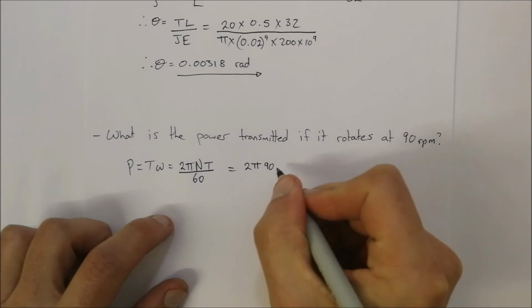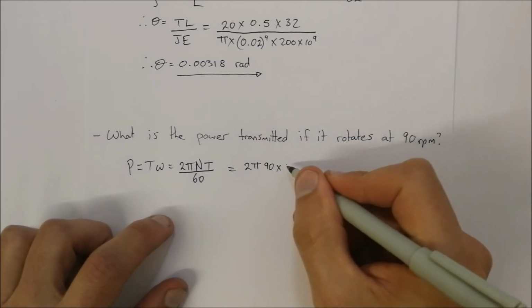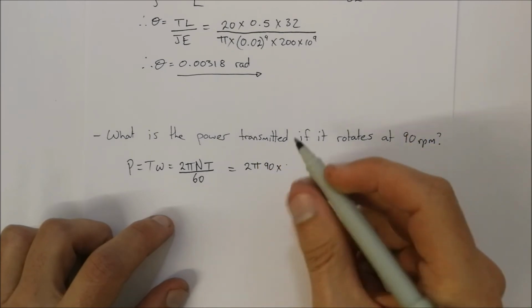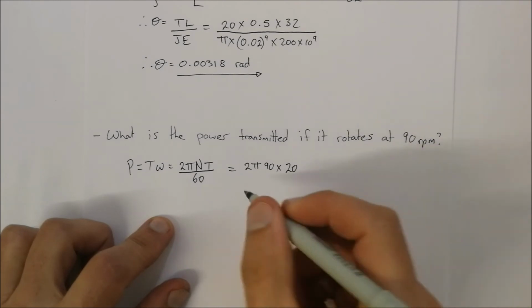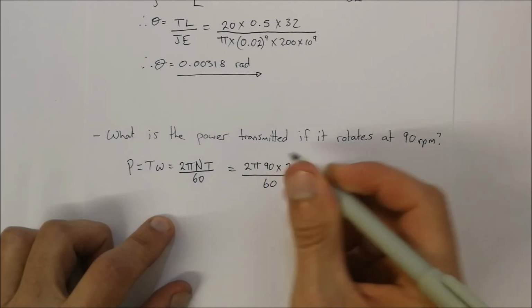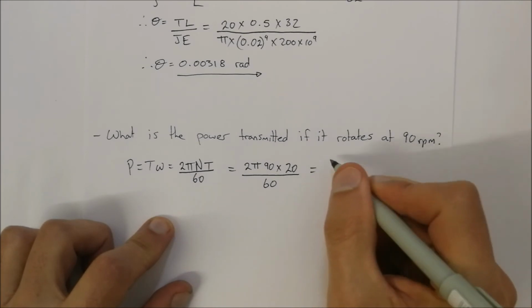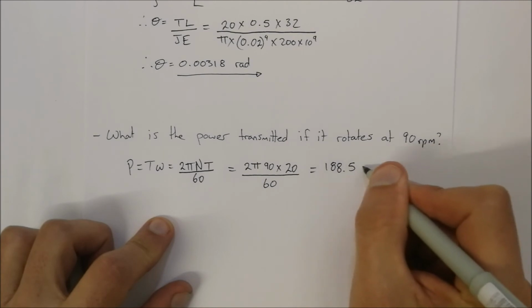Multiplied by a torque. The torque we're told is 20 Newton meters. So multiply by 20 and we divide by 60. We calculate that, and that is equal to 188.5 watts.